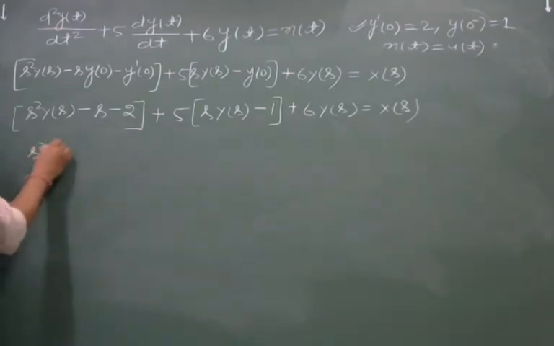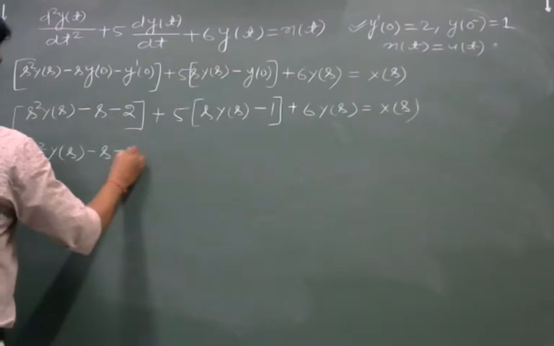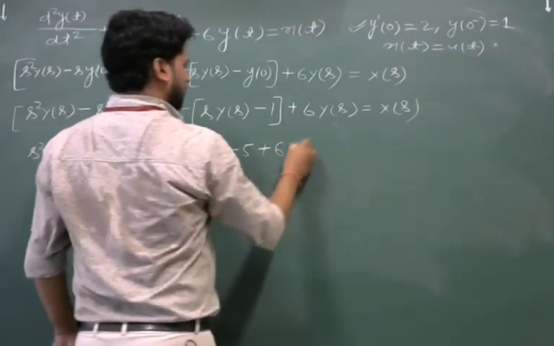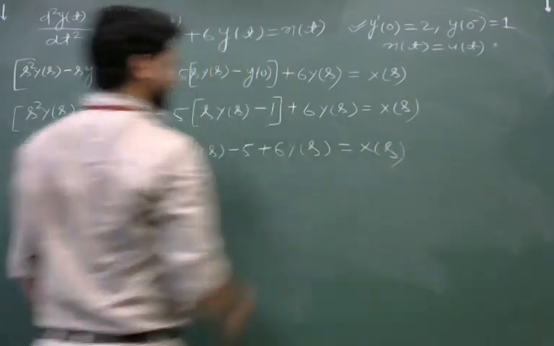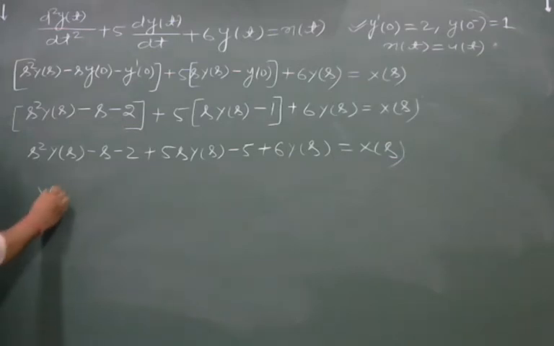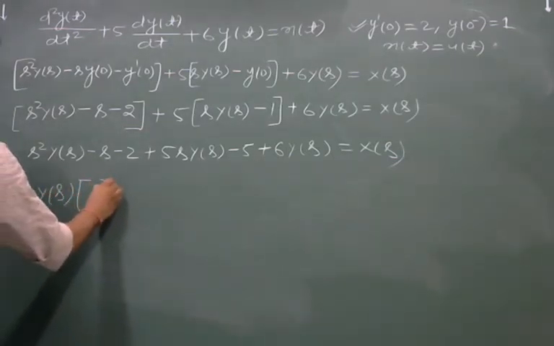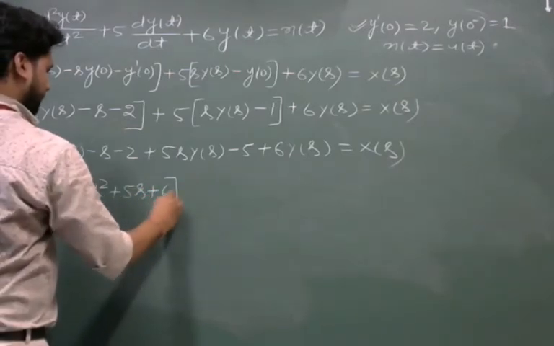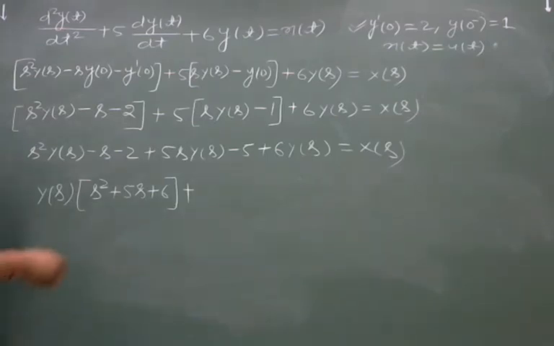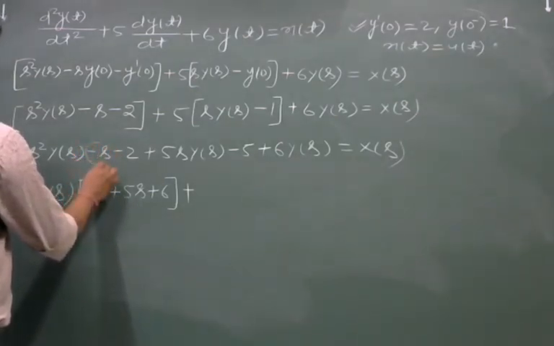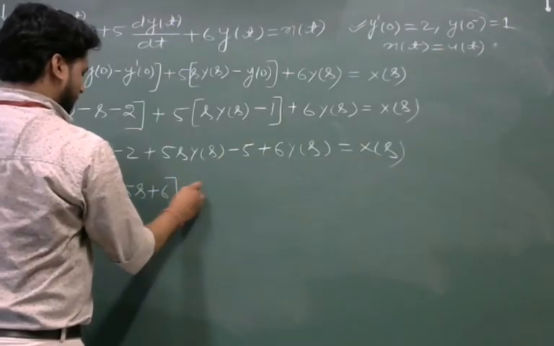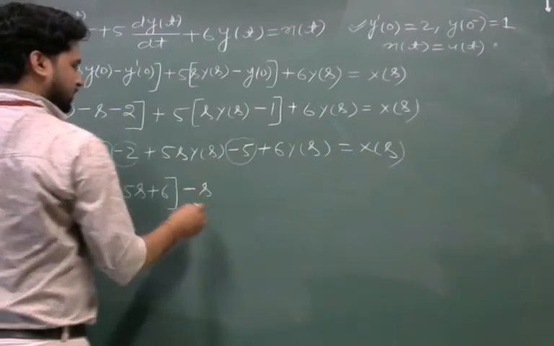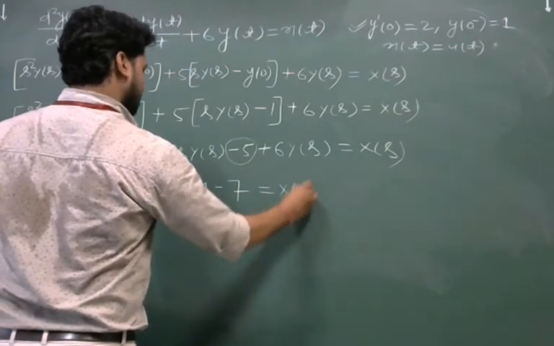So this is s² Y(s) - s - 2 + 5s Y(s) - 5 + 6 Y(s) = X(s). From the left side we will take Y(s) common, so this will become (s² + 5s + 6) Y(s) plus the remaining terms: -s, and -2 and -5, which is -7, is equal to X(s).